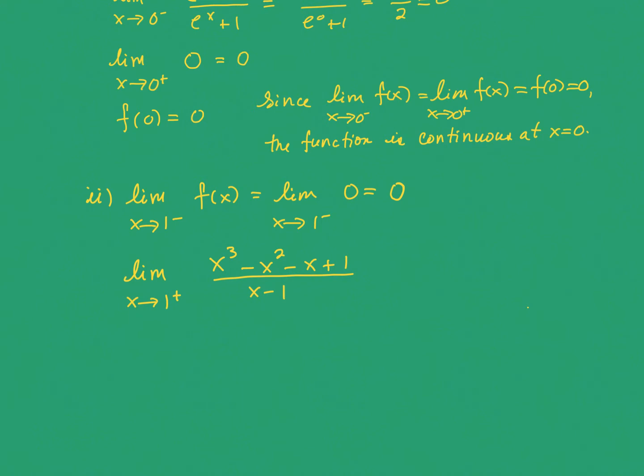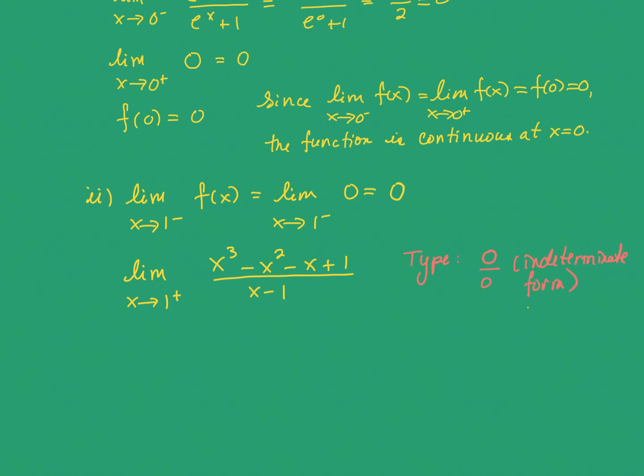Now, before we do anything, let's just check our type. So if I plug in x equals 1, I get 0 on the numerator and 0 on the denominator. And that is an indeterminate form. Now, with an indeterminate form, we need to do some algebra, okay?